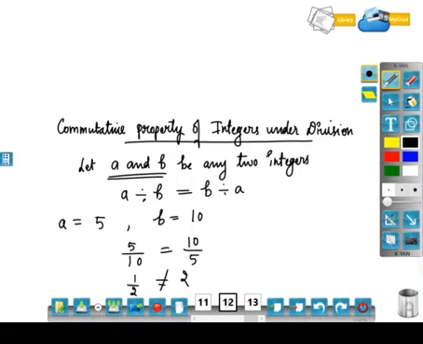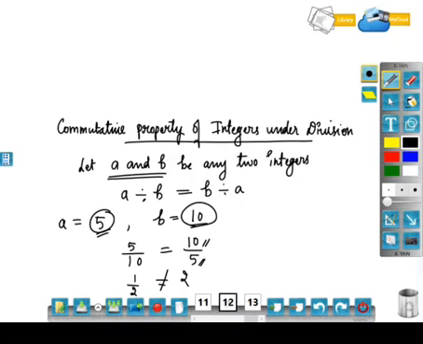Now let's check by putting some values for a and b. We have put a is equal to 5 and b is equal to 10. So a by b is 5 divided by 10, and it should equal b by a, which is 10 by 5. Simplifying, 5 by 10 gives 1 by 2 and 10 by 5 gives 2, and 1 by 2 and 2 are not equal.